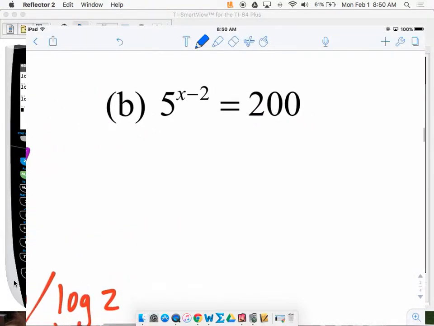All right, so you have 5 to the x minus 2 is equal to 200. So can I raise 5 to some power to give me 200? I don't think so, right? So I can cancel out the base by taking log base 5 on both sides.